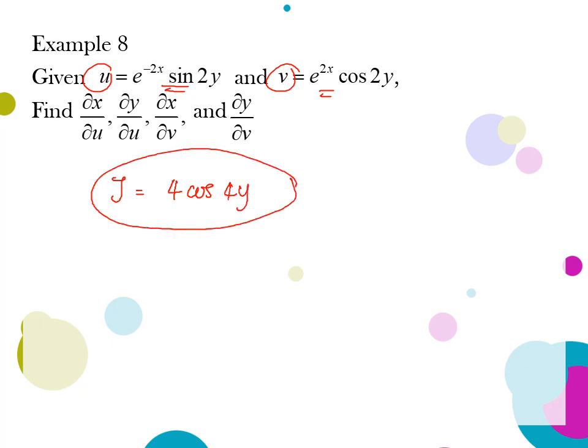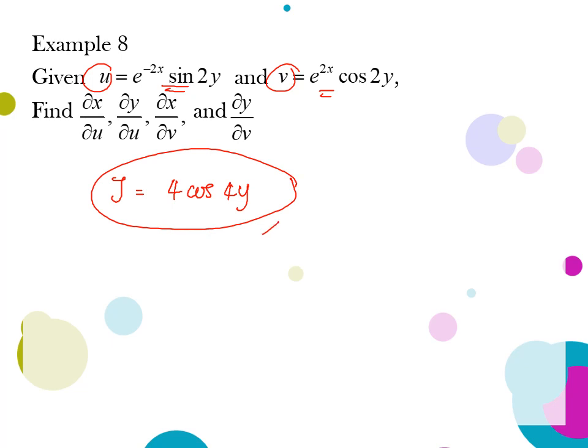Alright, so now you need to find the inverse of this partial derivative. Then you need to apply the formula of the Jacobian inverse partial derivative by using the Jacobian.